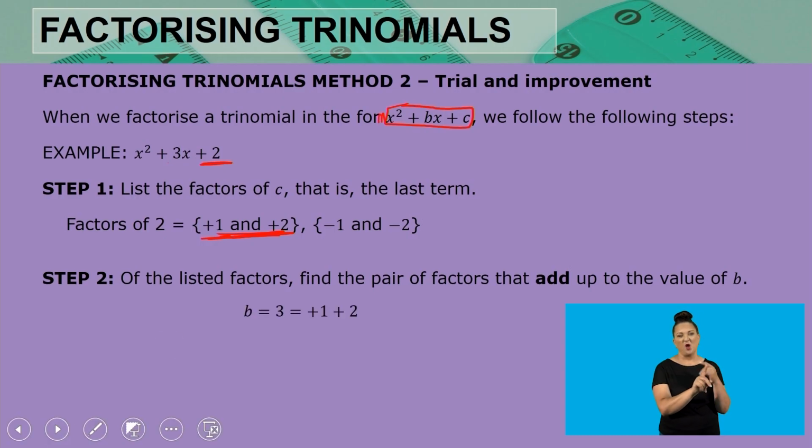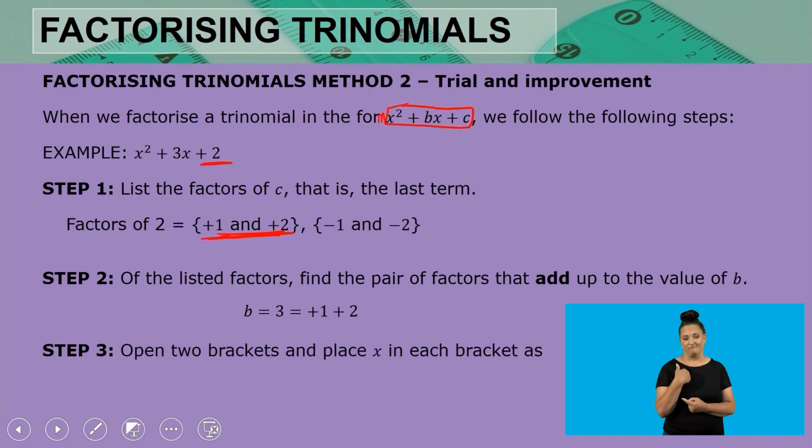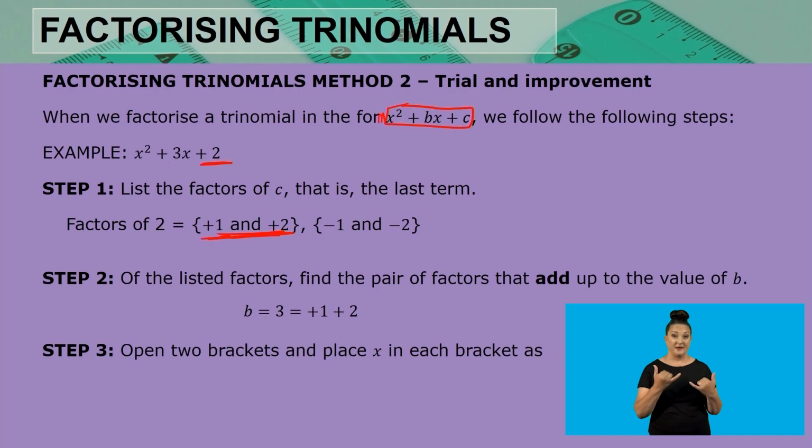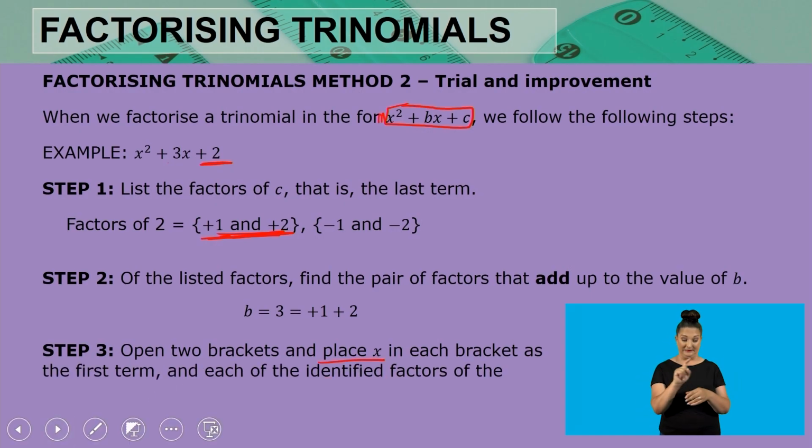So how am I going to use that to my advantage? We can see that the value of b is the 3, and that is going to come from the positive 1 plus the positive 2. That's the pair that I have chosen there. So we are going to open two brackets, place x in each bracket as the first term, and then each of the identified factors as well.